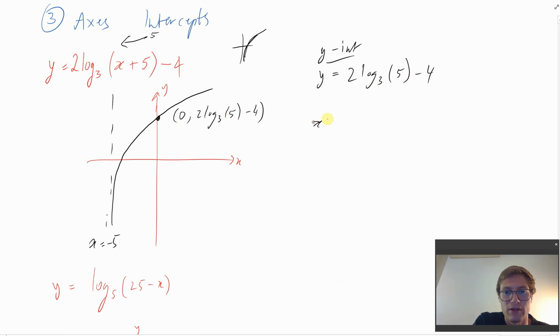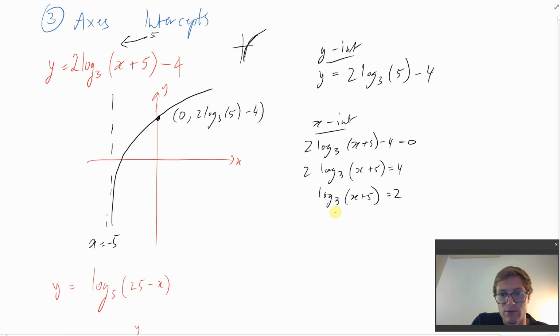So now for the x-intercept. Okay, so we'll add 4 to both sides. Now we'll divide both sides by 2.